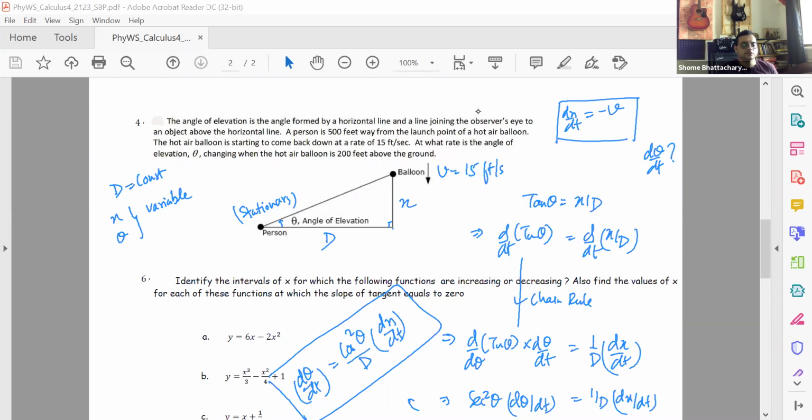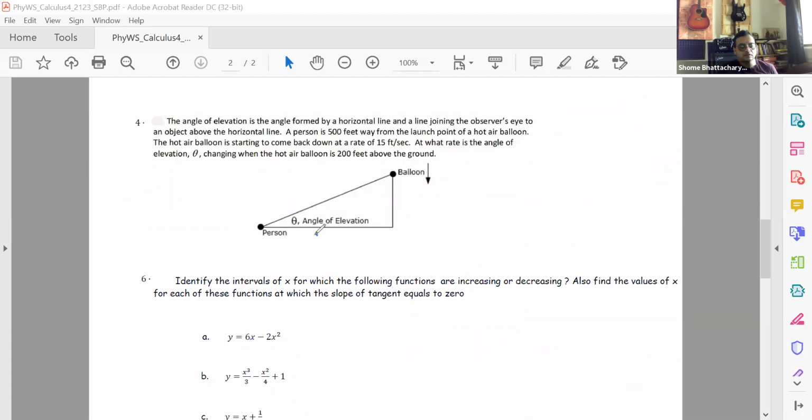Okay, so now once we have got this relationship that d theta by dt is equal to cos square theta divided by d into dx by dt. Now you can see here that dx by dt should be replaced with minus v, where v is of course 15 feet per second.